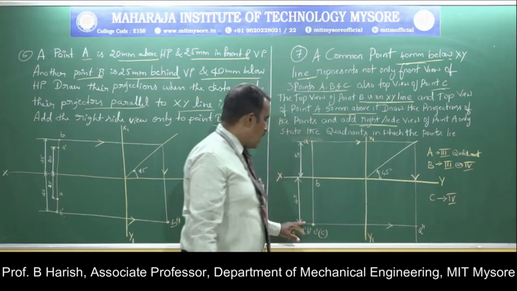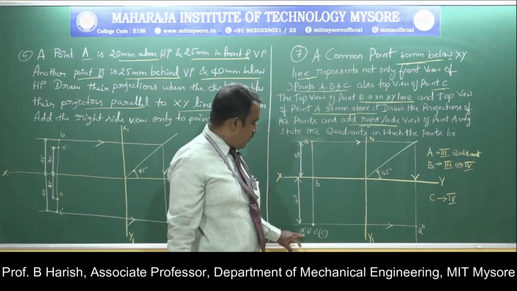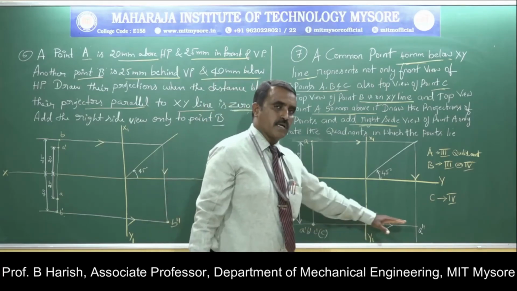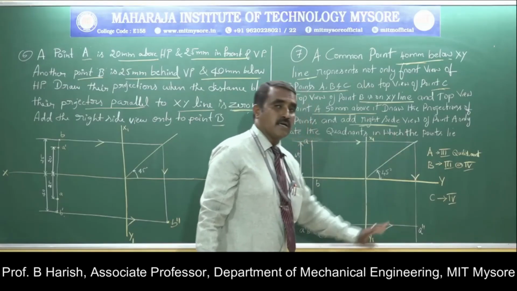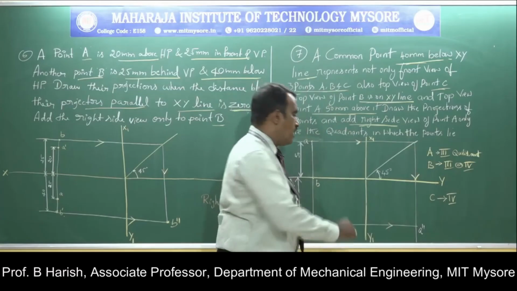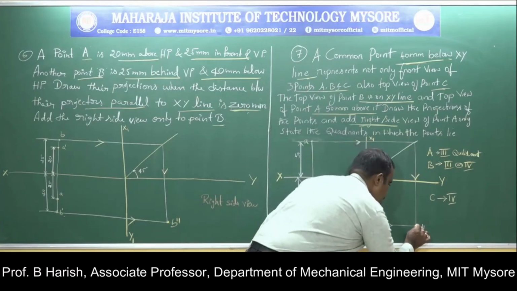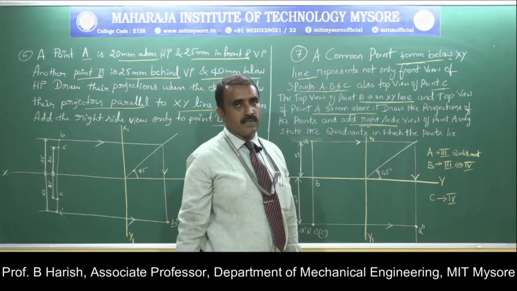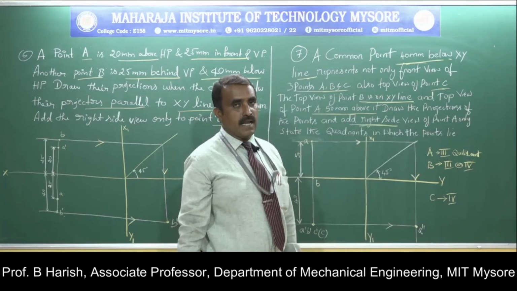Then start from the front view. A dash is here. This is the front view of point A. So draw a horizontal projector until it meets the vertical projector. The intersection of this vertical projector and horizontal projector will be your profile view, which is represented as A double dash.